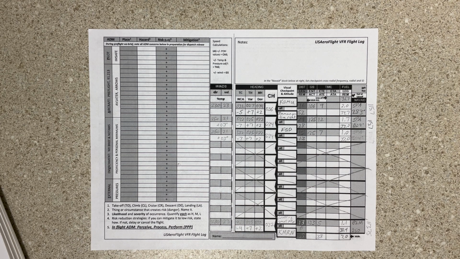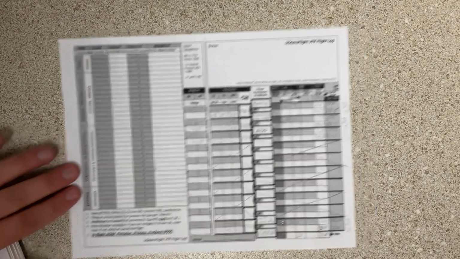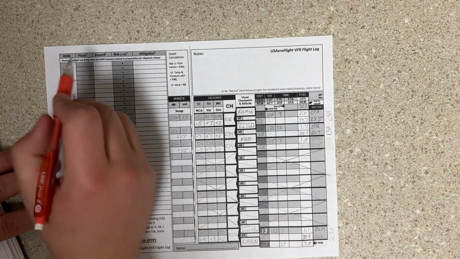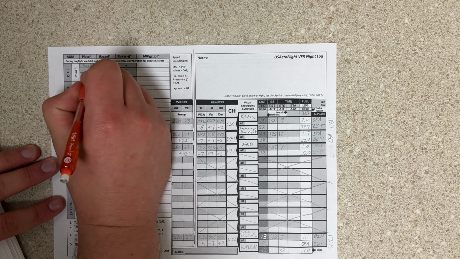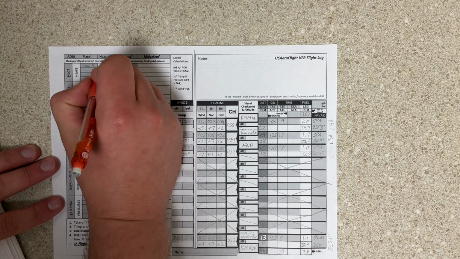For example, if you were preparing this flight log and you were worried because you had developed a little sniffle last night, you might put under the pilot, the place is your health, the hazard is you might get congested.